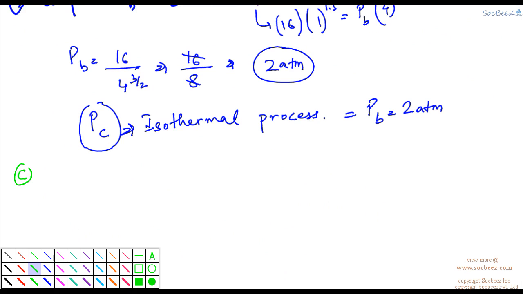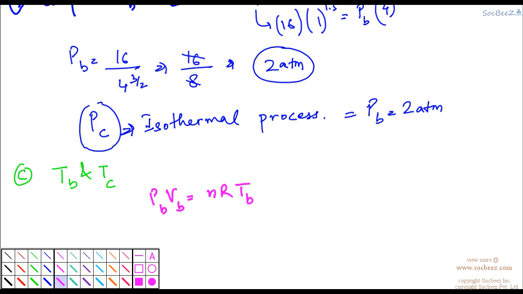Now let's try to answer the third question, which is what is the temperature at B and the temperature at C. You have the pressure at B as you computed in the previous question. You have the volume at B, so you can find the temperature at B, which is governed by the ideal gas equation, PB VB equals nR TB.